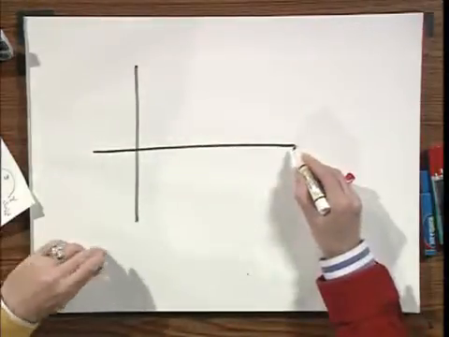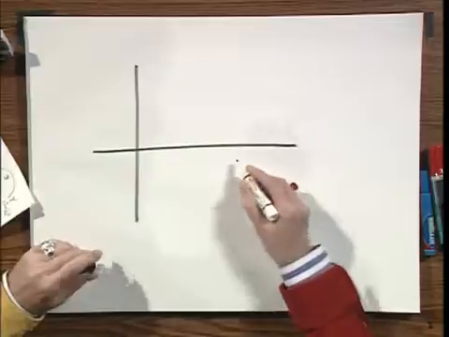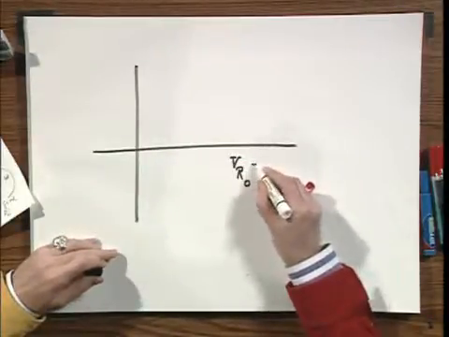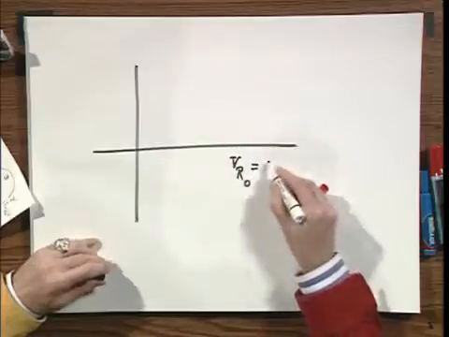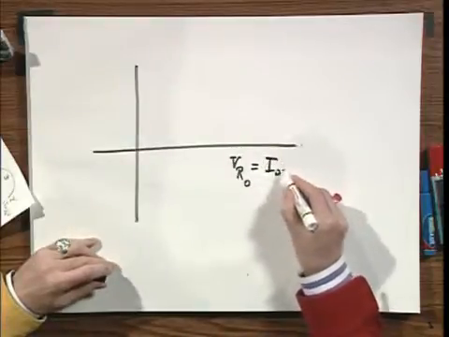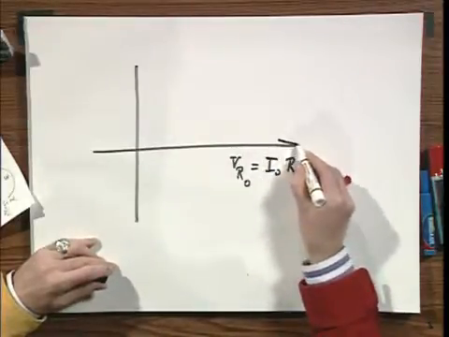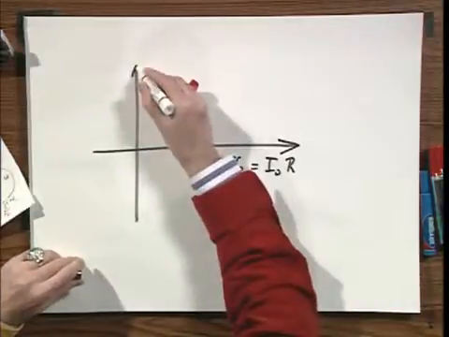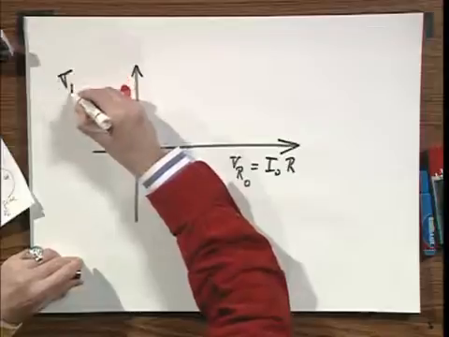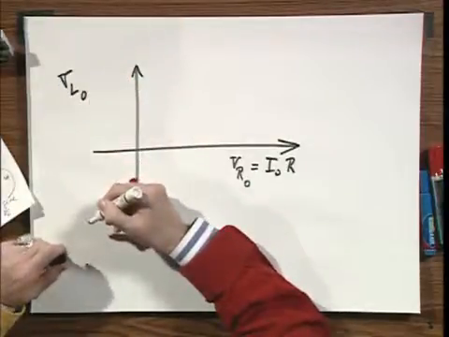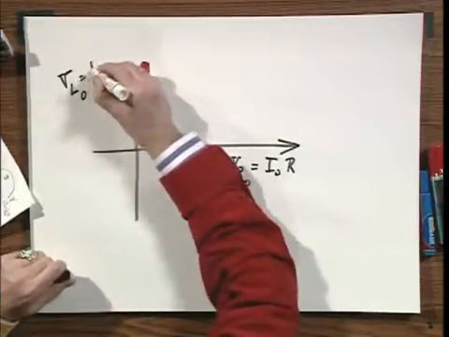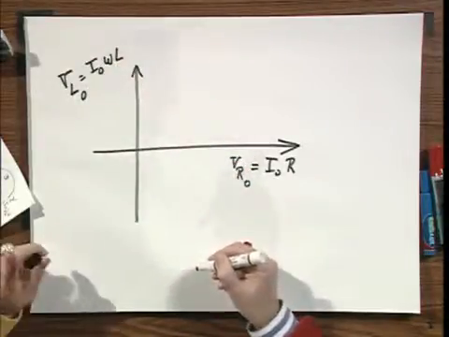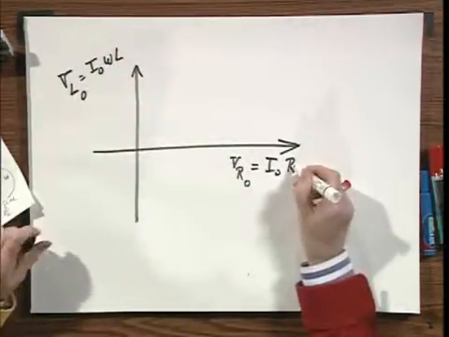If the current at one particular moment is I0, which is the maximum value, then the amplitude of the voltmeter over the resistance will be I0 times R. And I put that here as a vector. It is true that the voltmeter, the maximum amplitude of the voltmeter over the self-inductance will read I0 times omega L, but not at the same time that this one.